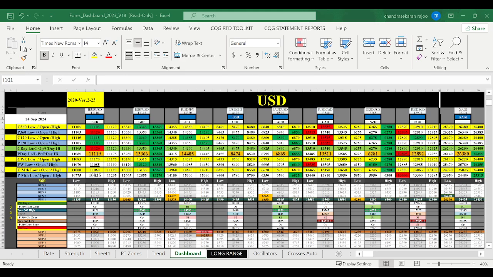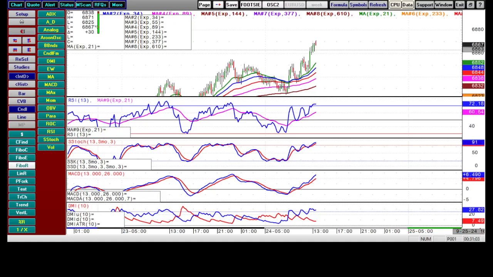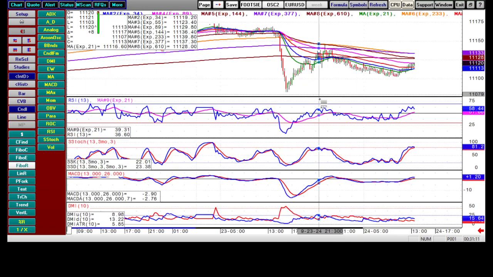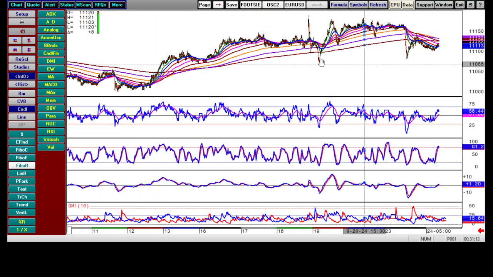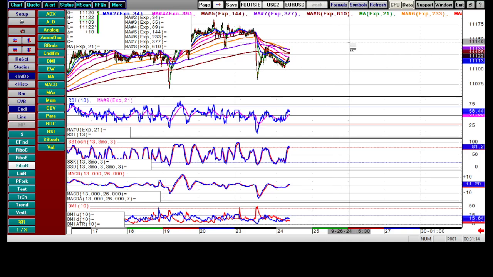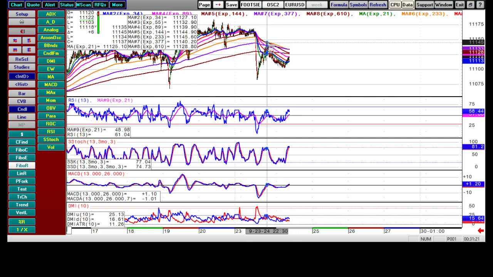Let me change the screen on the chart. Looking at the chart, I think the price was rejected at 11145. Right now, this is in a range.